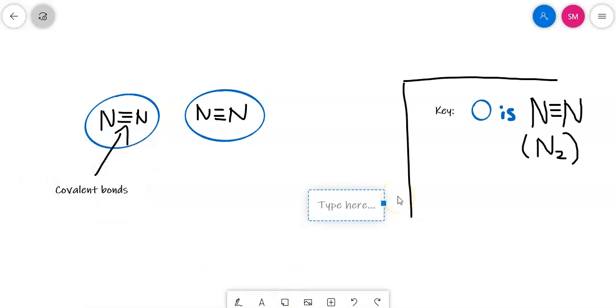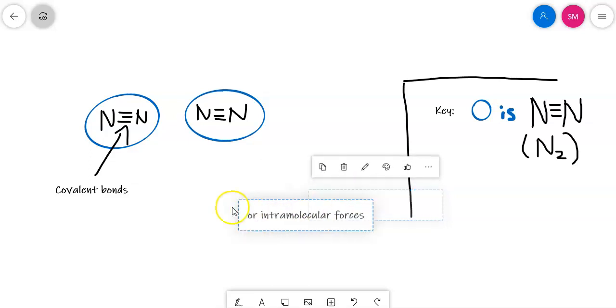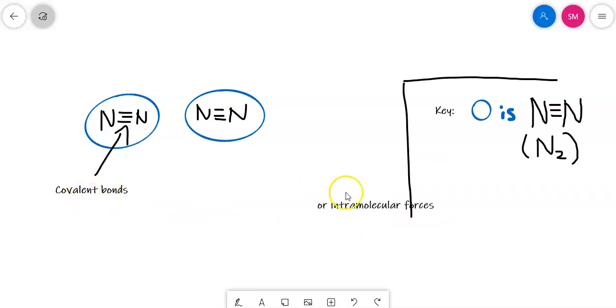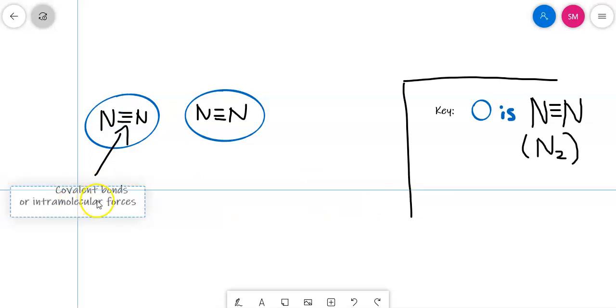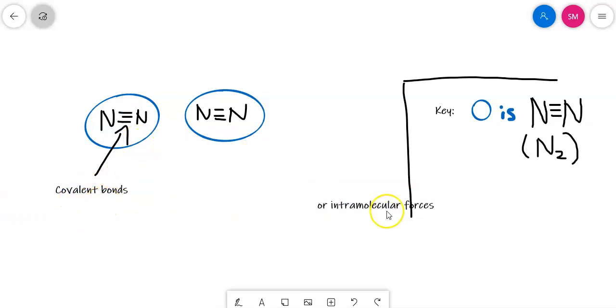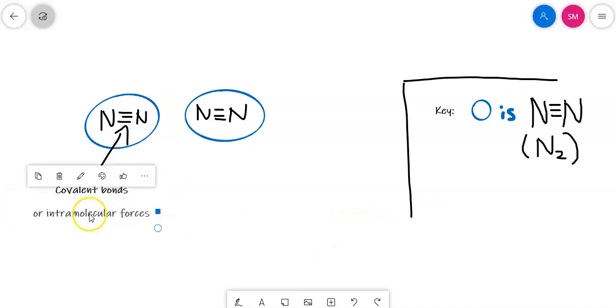So what this means is that the covalent bonds are forces inside a molecule. So intramolecular forces are covalent bonds. They are bonds or forces within that molecule.